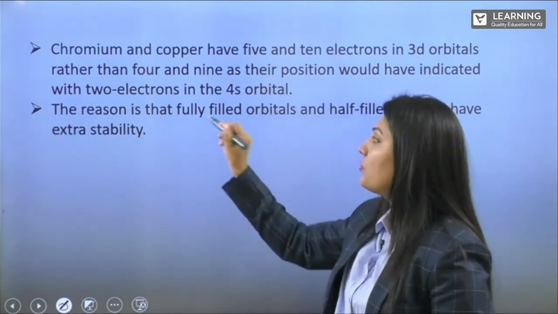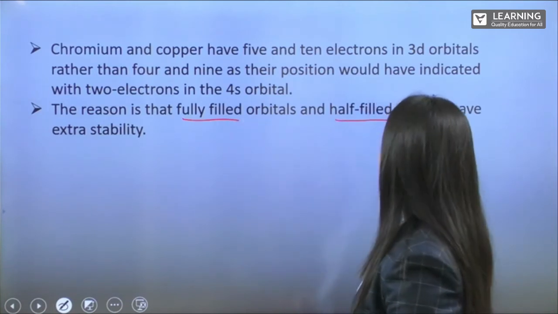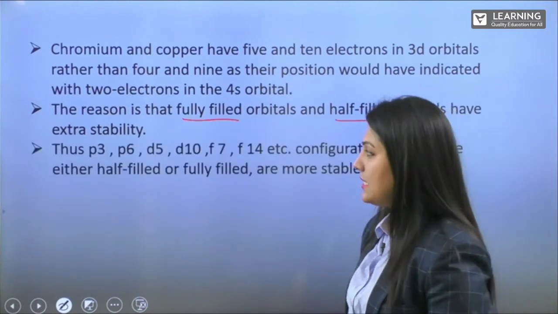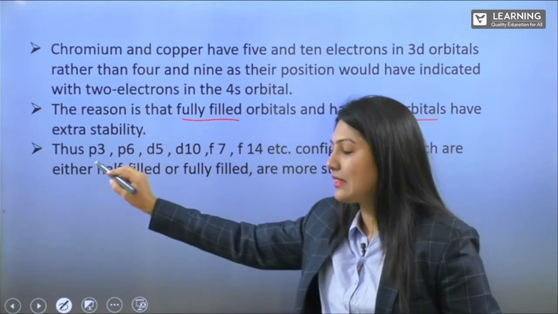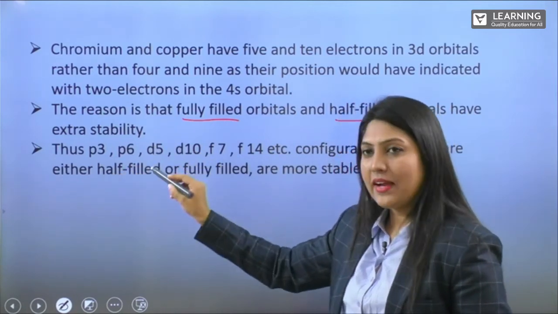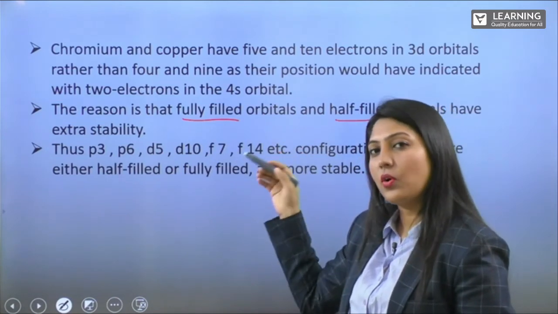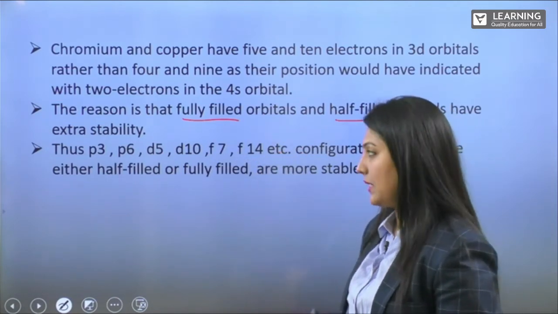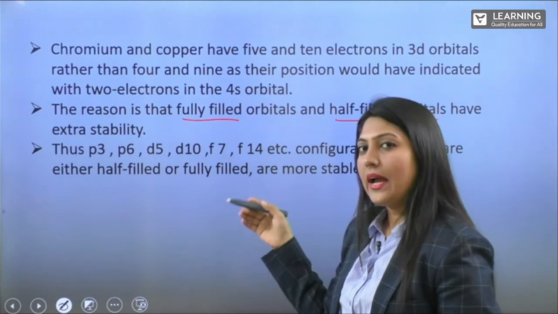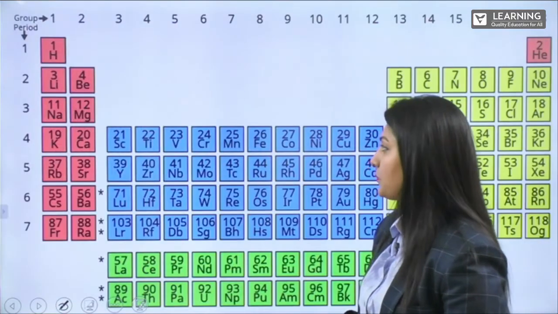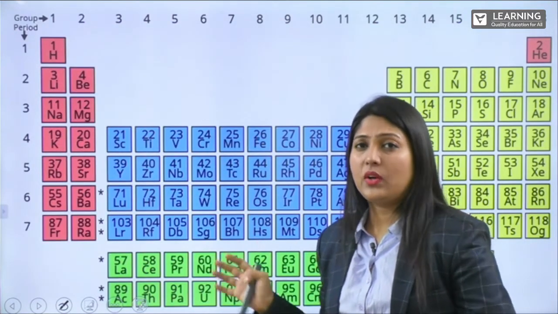So you can say the fully filled or half filled orbitals will have extra stability. So you can see here p3 or p6, d5, d10, f7 or f14 will have more stability than p2 and p5, likewise. So this is your periodic table, students.